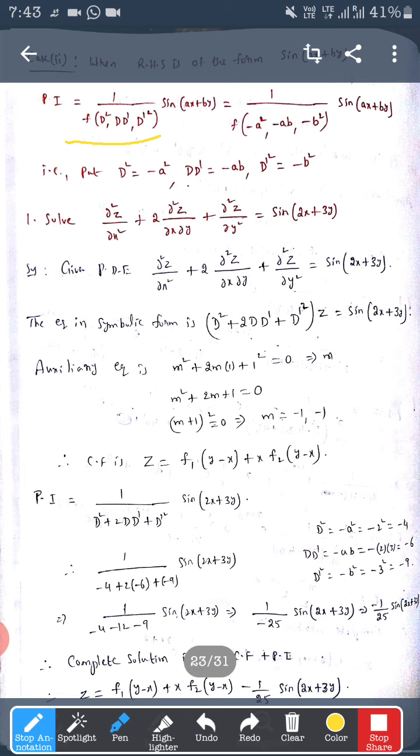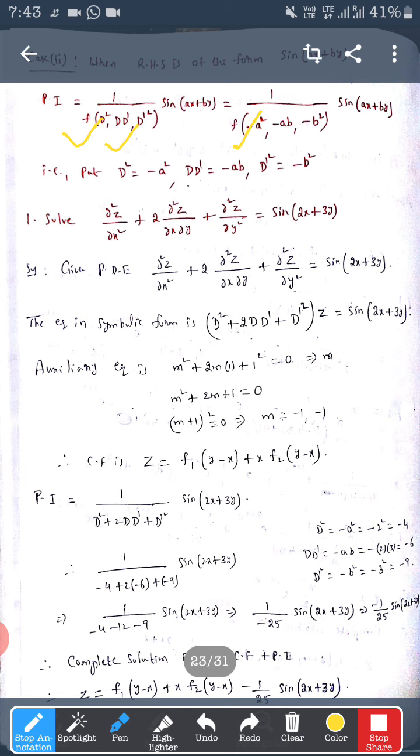If you observe, in place of D square, we have to write minus a square, not minus a whole square, minus of a square. That means after squaring, we have to write minus, not minus a whole square. Be careful on that point.